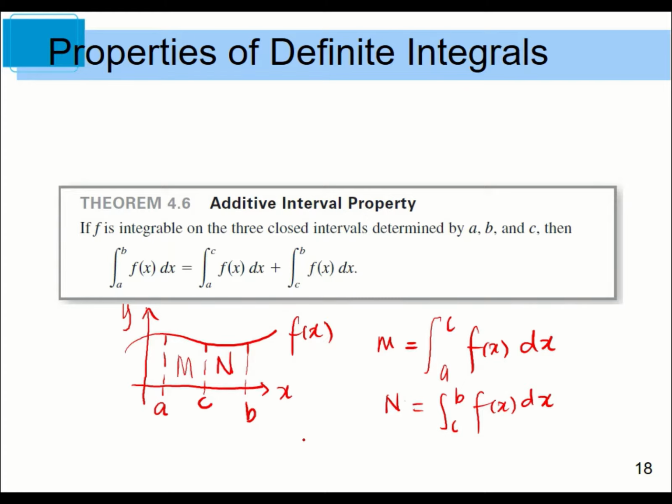Therefore, if we integrate the function from a to b, we are finding the area, so it will be m plus n. The area will be from a to c plus c to b.